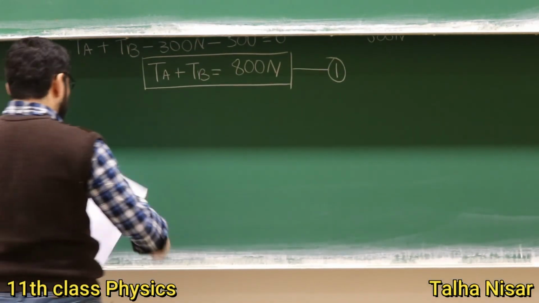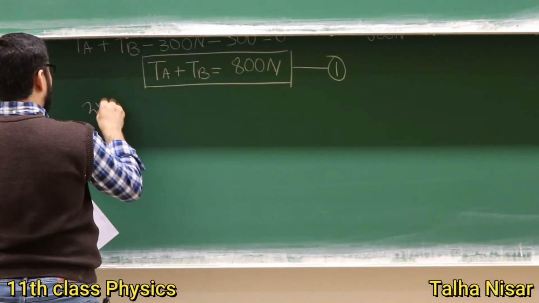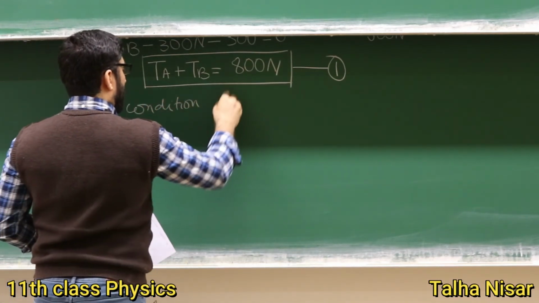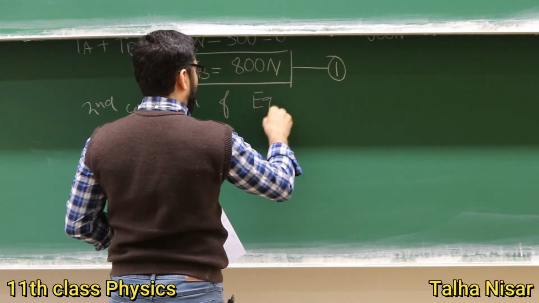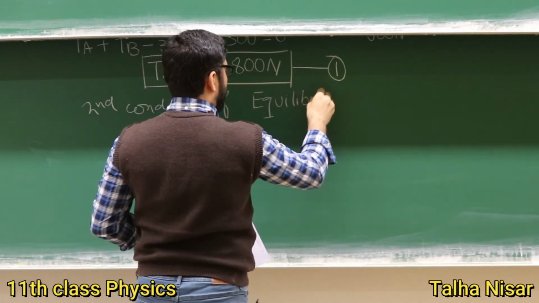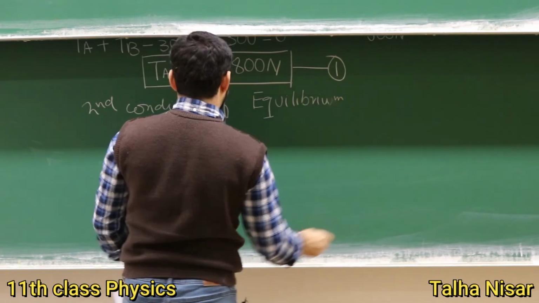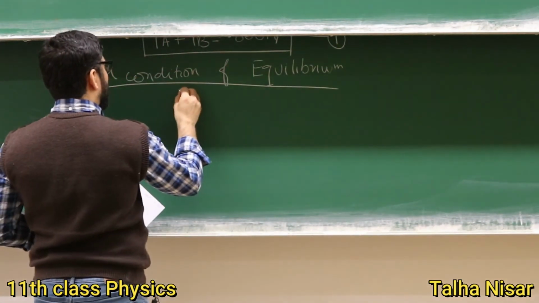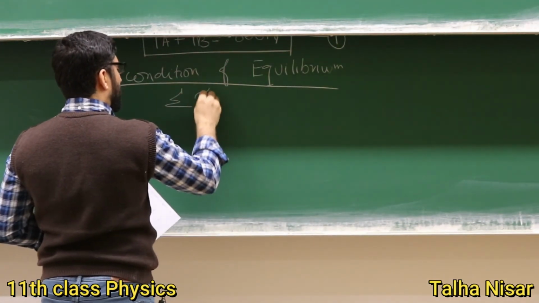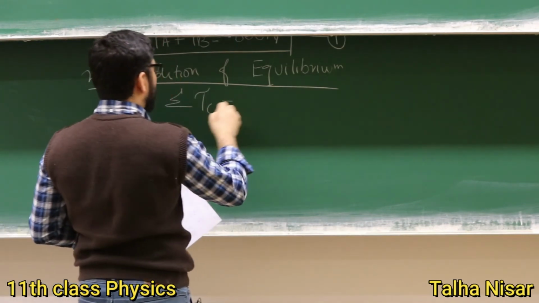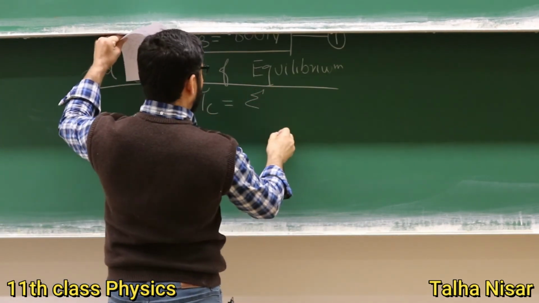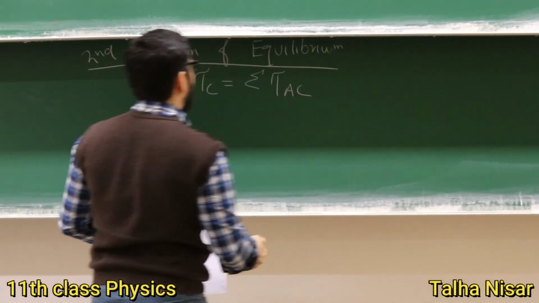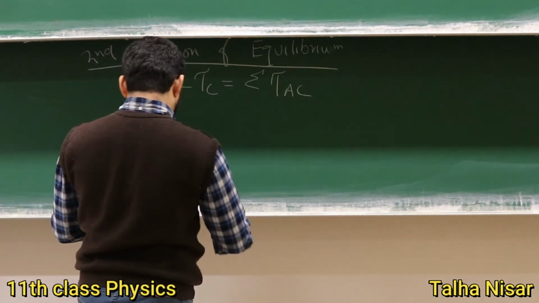Now we use the second condition of equilibrium, which is that the net clockwise torque must be equal to the net anti-clockwise torque.